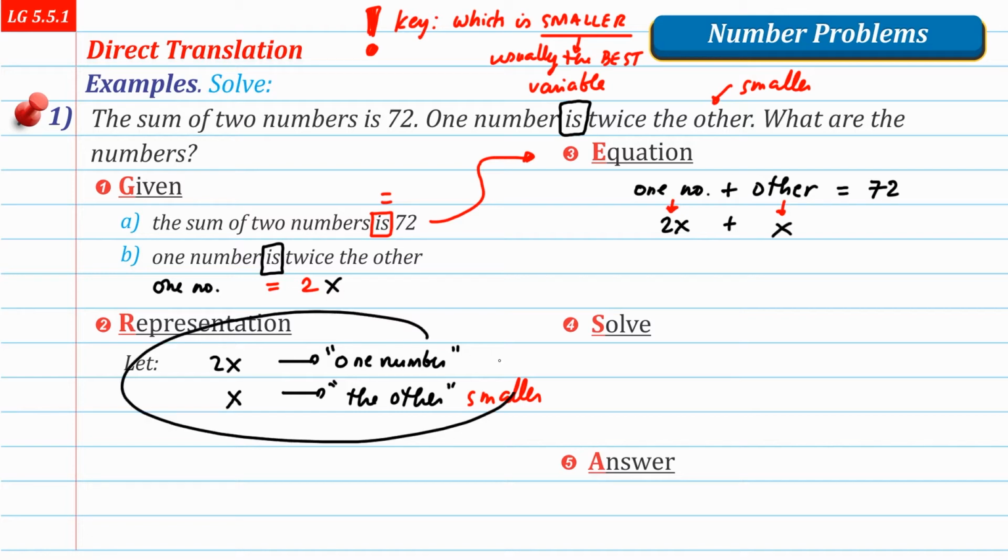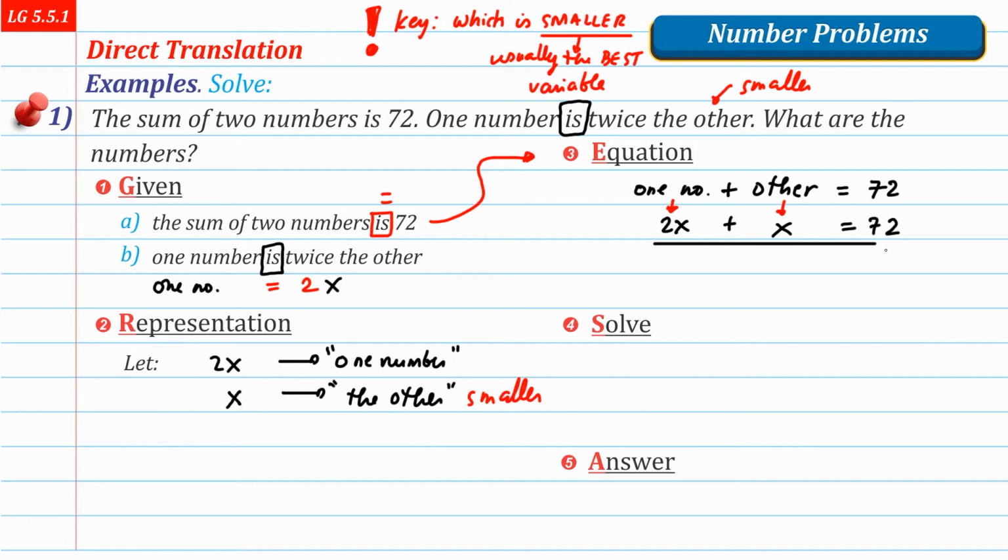Buti na lang may representation tayo. And it should be equal to 72. Ang galing, di ba? Ito yung naging math na. Ang tawag po dito, it's called the working equation. Ito yung equation na isosolve mo.